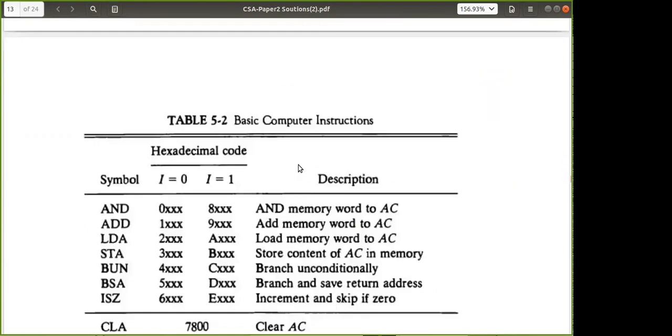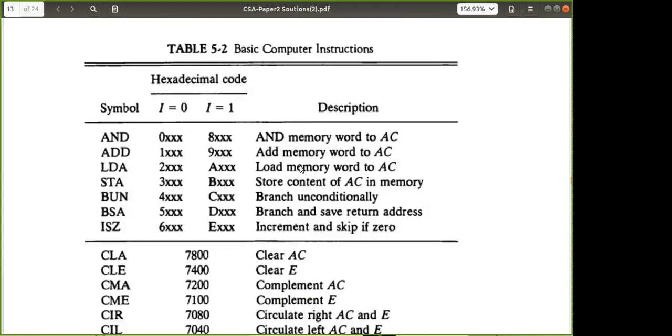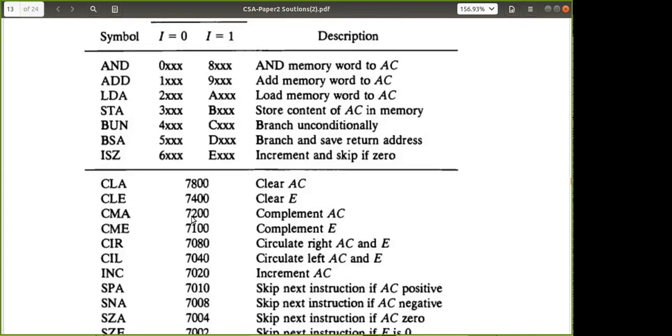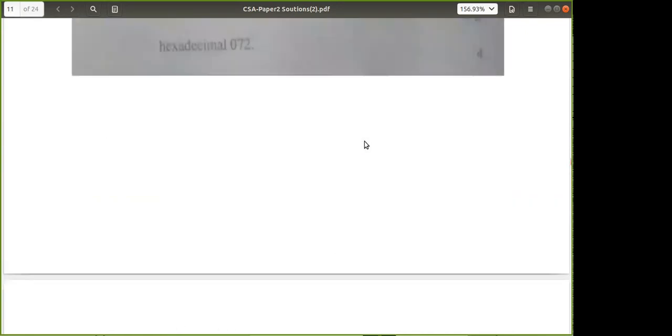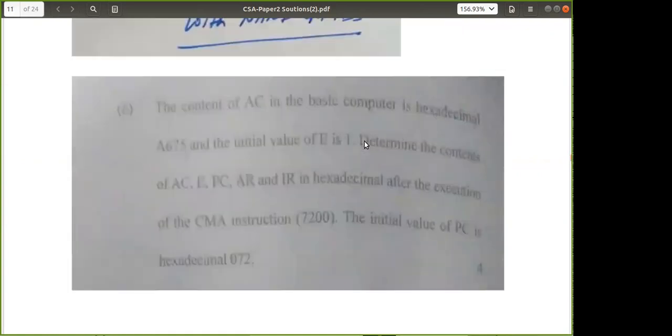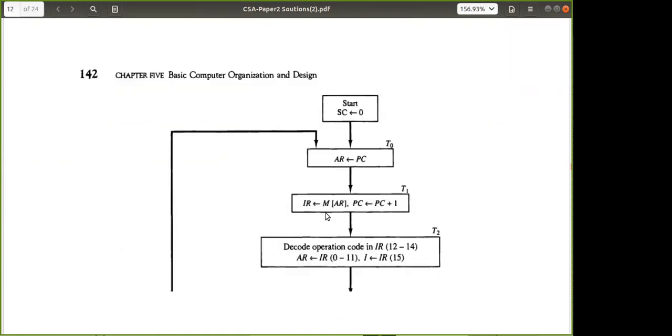Then if you see the table, the CMA instruction is here. The code is 7200 and it is the complement of AC. You need to remember this table to solve these kinds of questions. So that is complement of AC, and we have to remember how to perform it. It means we have to increment the program counter by 1 and then put the PC value in the address register.